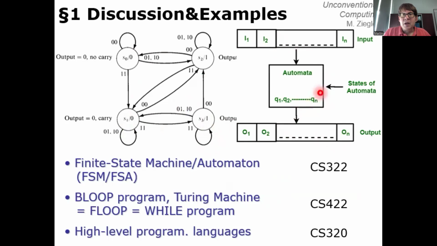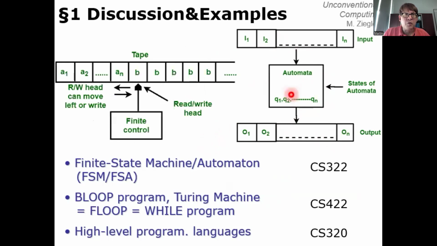The important thing is it has no memory except for the states. So each state represents one possible piece of information, but it has a finite number of states and therefore finite memory. A Turing machine, on the other hand, also has finite control with finitely many states.